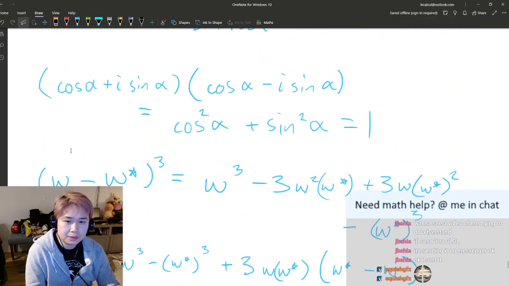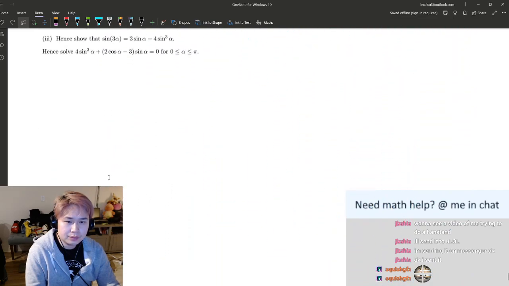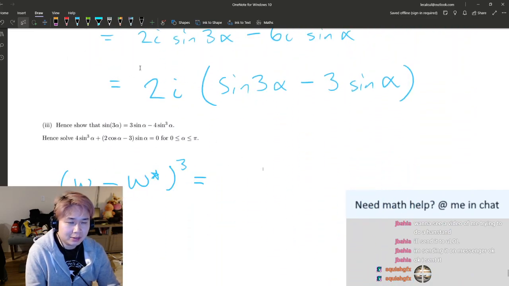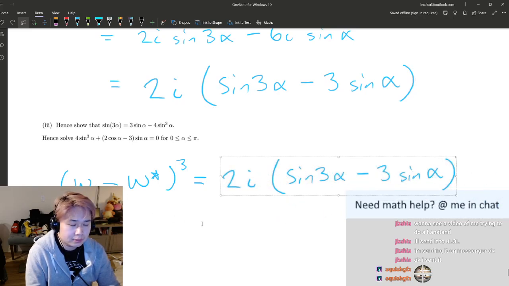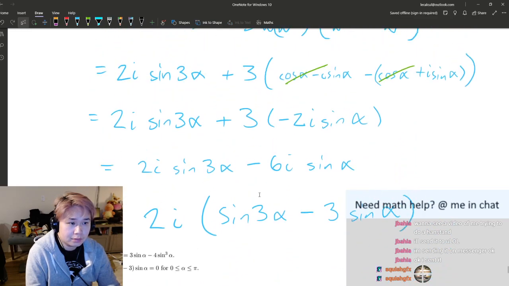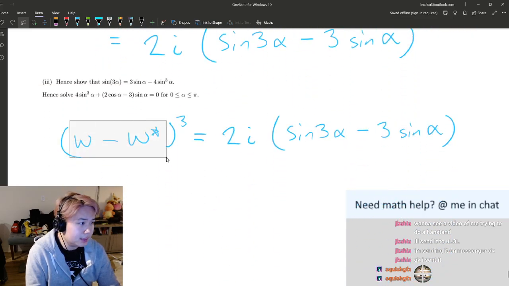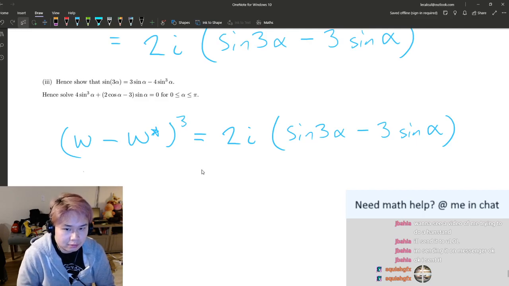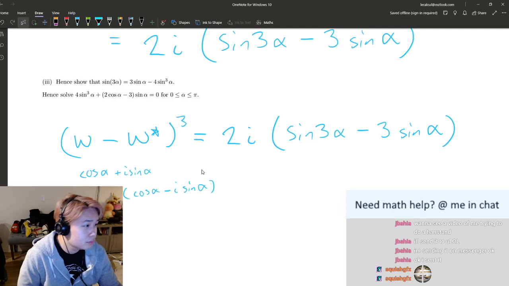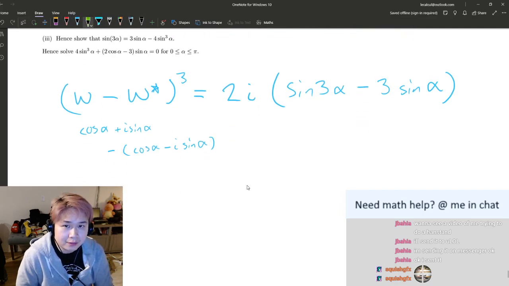Okay, so starting from here, I've just shown that these two are equal to each other. Now, w minus the conjugate, well, again, let's just write it out. So we have the cosine subtracting.